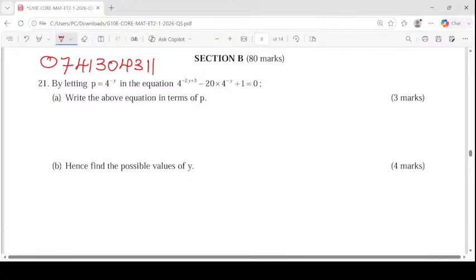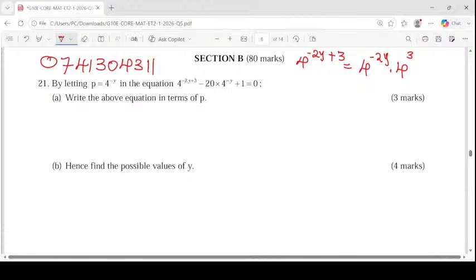In terms of p, I want you to know this, that 4 power negative 2y plus 3, applying the laws of indices, can be 4 power negative 2y times 4 power 3.